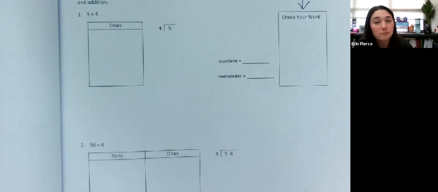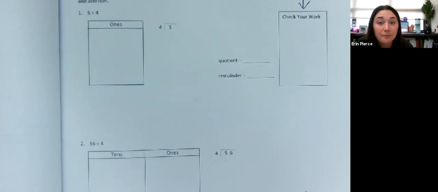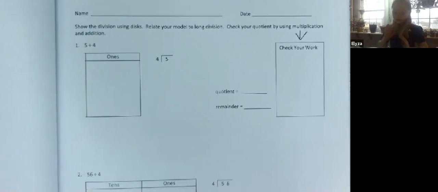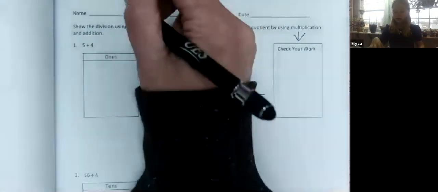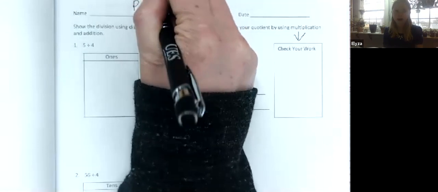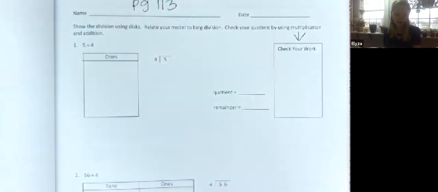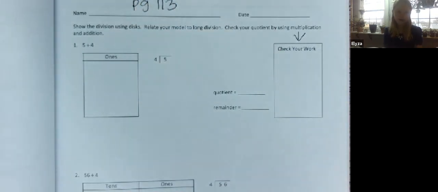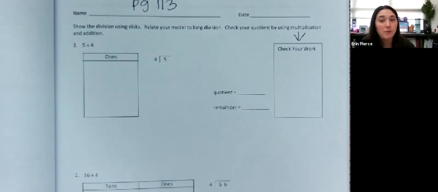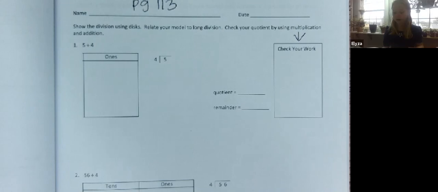Eliza, I was just saying that I know how to check our work on page 110. Great. Did you do the multiplication? 25 times 3 is 75 because 3 times 5 is 15.